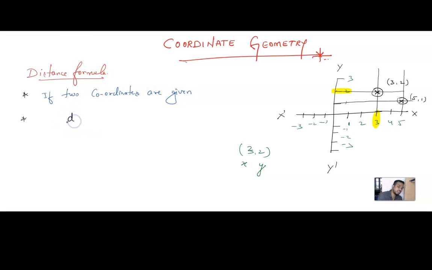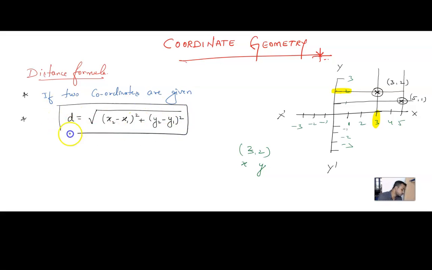D means the distance between the 2 points. D is equal to root of x2 minus x1 whole square plus y2 minus y1 whole square. So this is the formula which we use to find the distance between the 2 points. Got it, children? Is this clear?